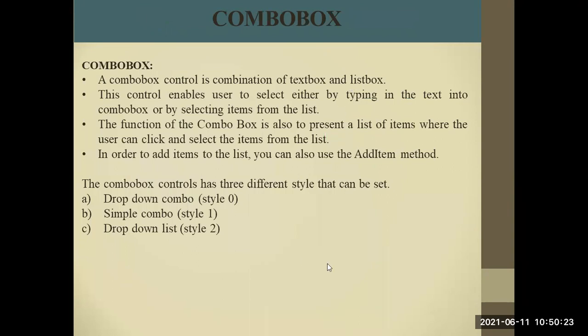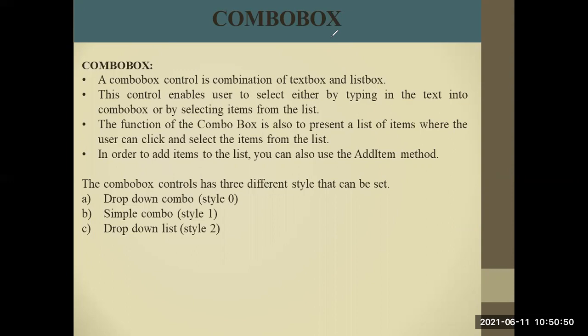Fine. So the next important type of control is called the combo box. Okay. What is a combo box? The combo box is nothing but a combination of a text box and a list box. We have already studied the text box. Text boxes are basically used for taking input from the user in the form of text or numeric data.